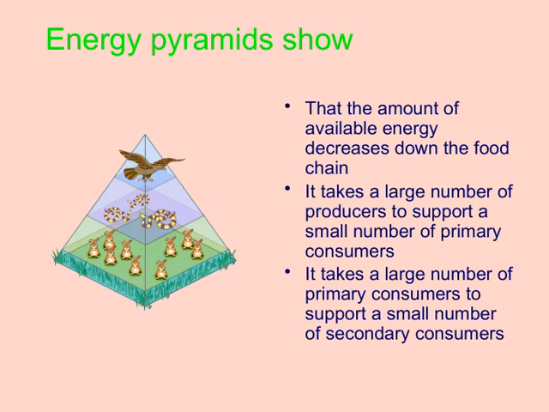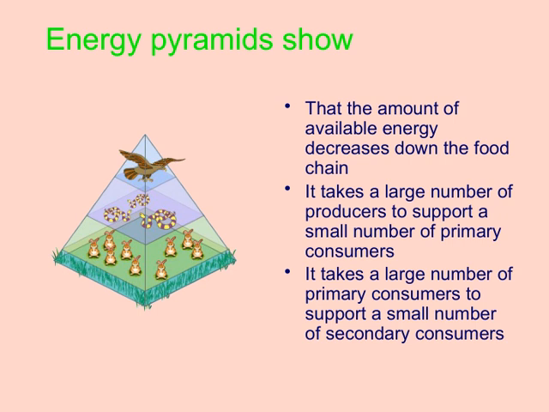Energy pyramids help us visualize how energy moves through an ecosystem. What's really interesting is that the amount of available energy decreases as you go up the food chain. So, the energy that starts with the producers, like plants, gets transferred, but a lot of it is lost at each step. That's why it takes a large number of producers, or plants, to support a relatively small number of primary consumers, like herbivores.